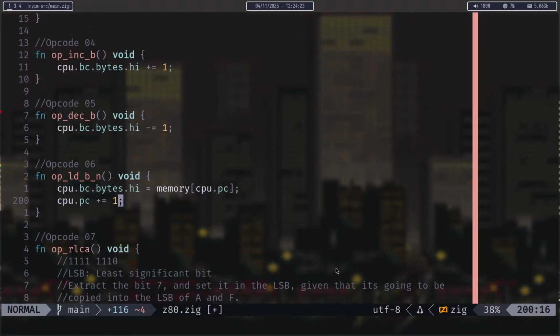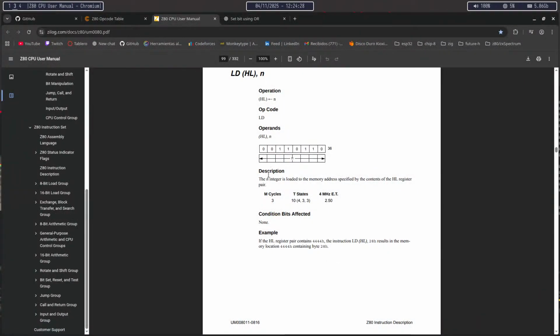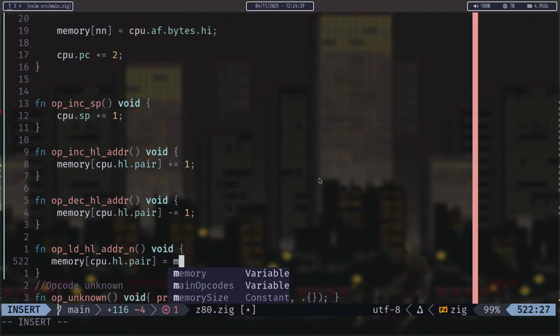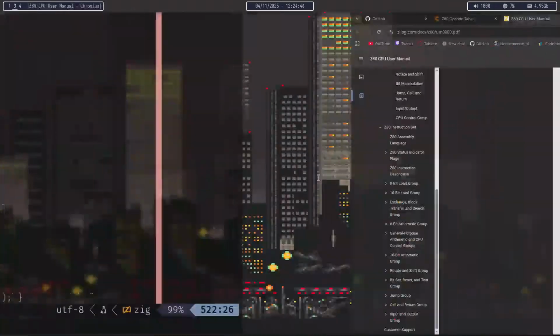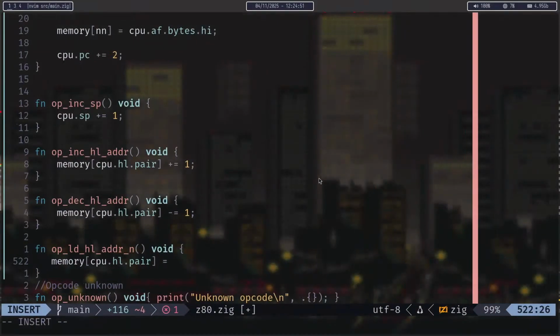So I guess it should be like CPU.hl pair equals. Alright, having a bit of trouble here.